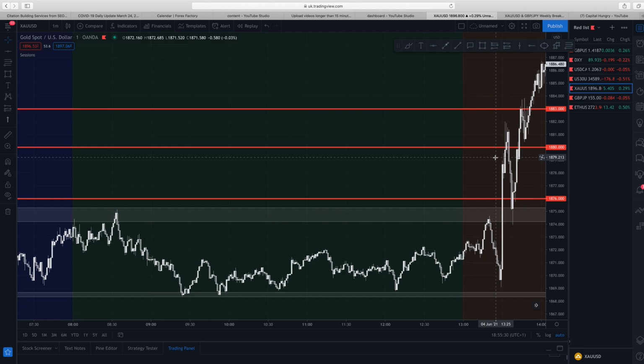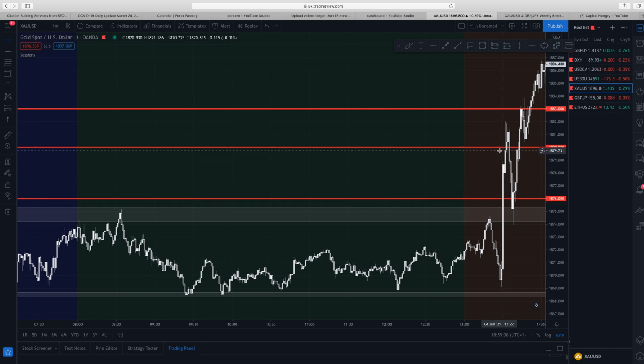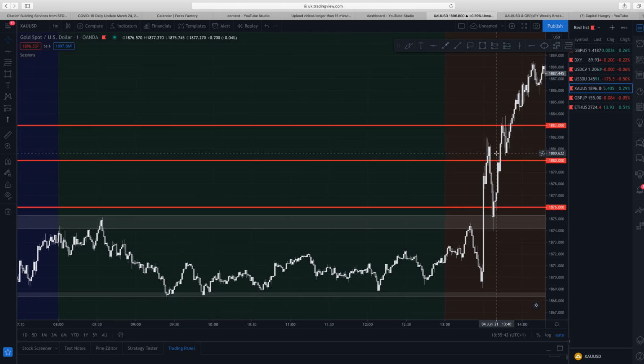You seem to get that push to either side of the market, and then it will wick down quite a lot, and you'll see the wicks down.